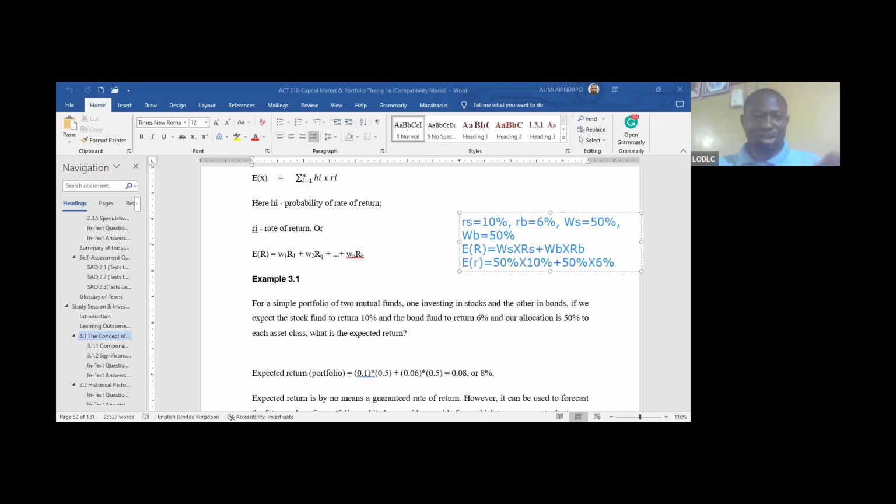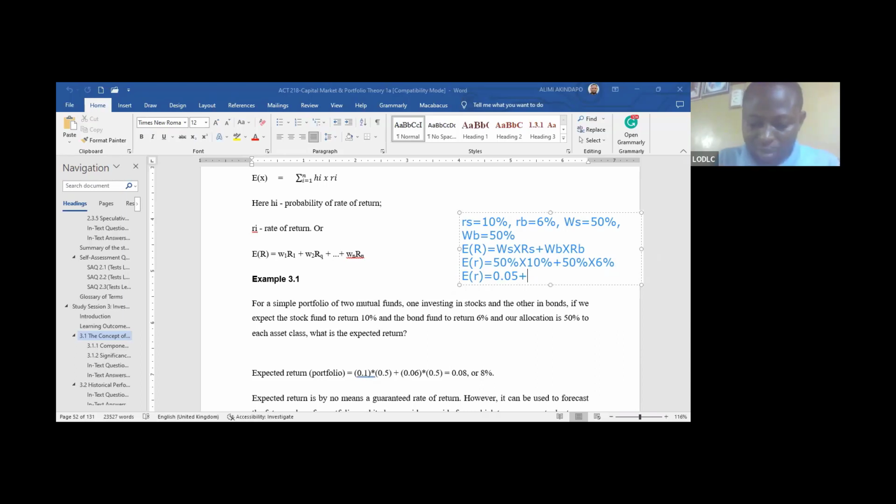So now by my calculations here, I have 50%, that is 0.5 times 0.1. So that is 0.05. Expected rate is 0.05 plus 0.5 times 0.06.